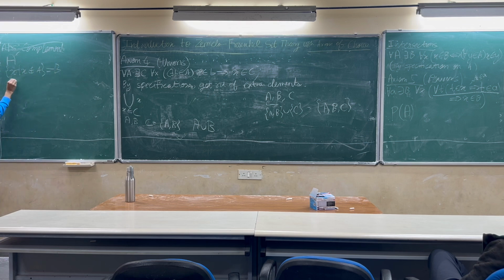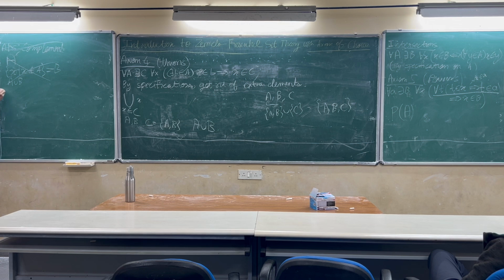And what would happen if you take A union its complement? It will contain all sets. But that is not possible because I already proved that given any set there is something not in it. So you cannot have a set of all sets. And there is no notion of absolute complement. You can't talk about all sets not in a given set.